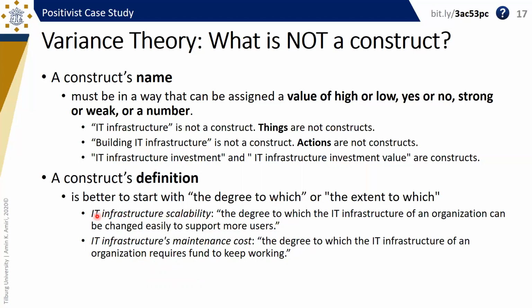For example, if the construct name is IT infrastructure scalability, we would say the degree to which the IT infrastructure of an organization can be changed easily. Maintenance cost, the degree to which the IT infrastructure of an organization requires funds to keep working. So it's a good habit to always start the definition of the construct with the degree to which, so that you can make sure it's measurable.